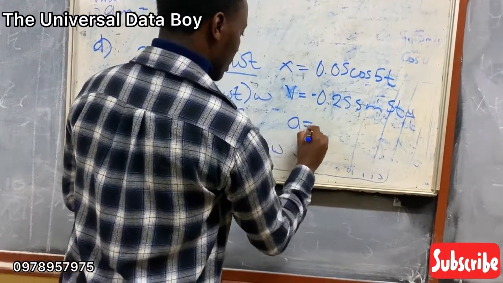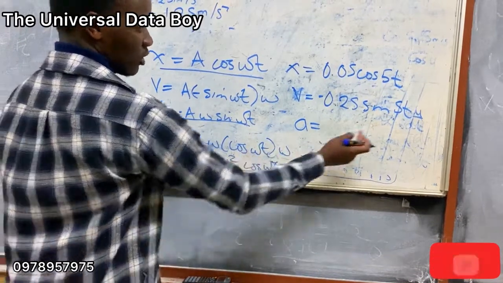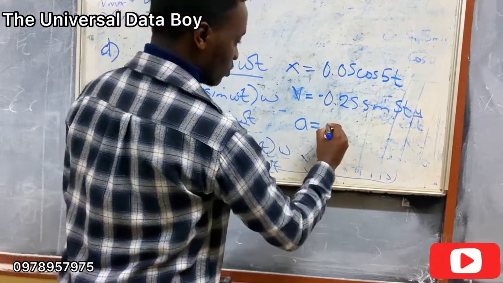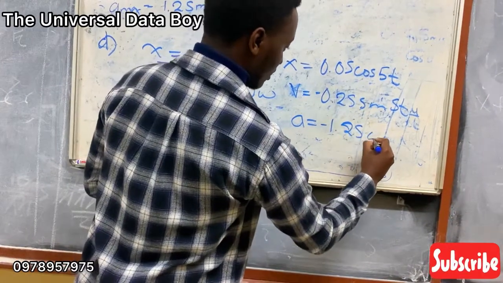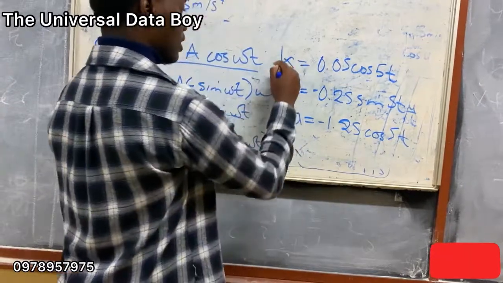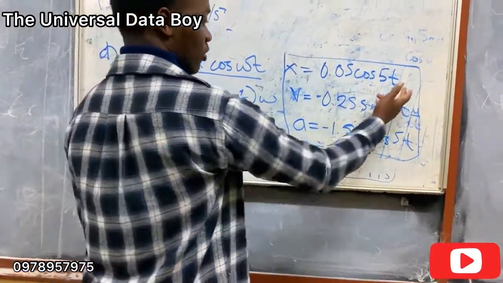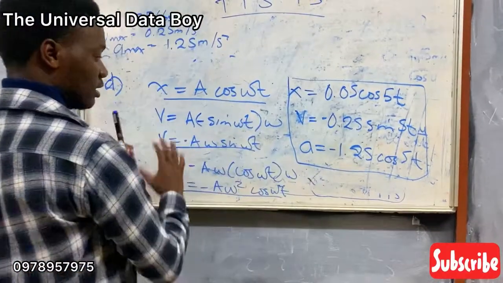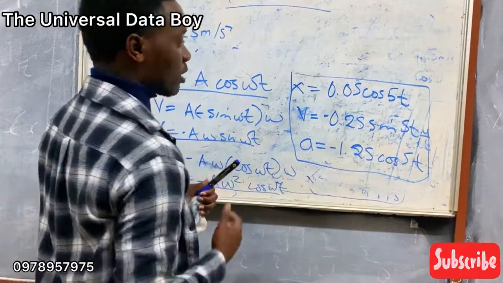Then a is A w squared, that's like multiplying this one times that one again, which would be equal to 1.25, negative cosine 5t. That's how you express them as functions of t with the values put in. This is just like the general formula, but when you plug in the values, you're going to get something like this.